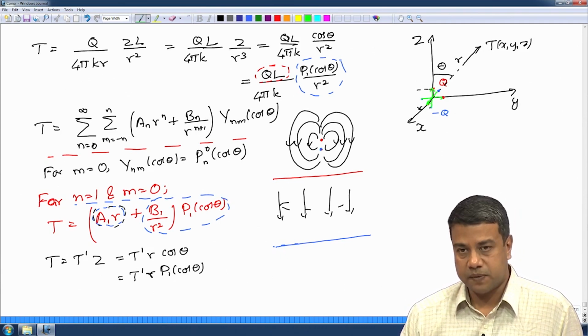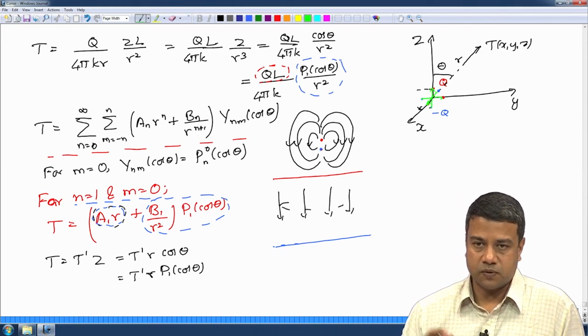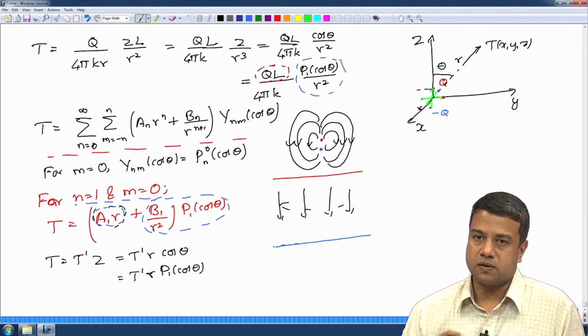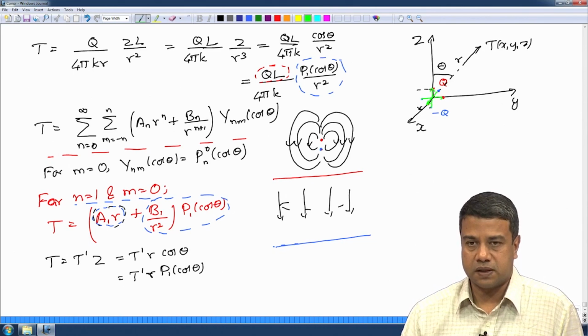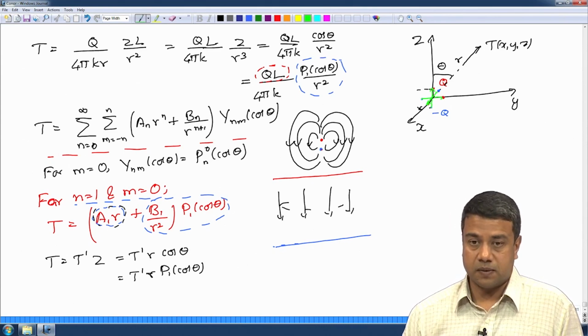What is left behind when the net source is 0 is a dipole, for which the temperature field decreases proportional to 1 over r squared. Since the net source is 0, there is no contribution which decreases proportional to 1 over r. The next higher term is a contribution that decreases proportional to 1 over r squared. Those are the decaying harmonics.